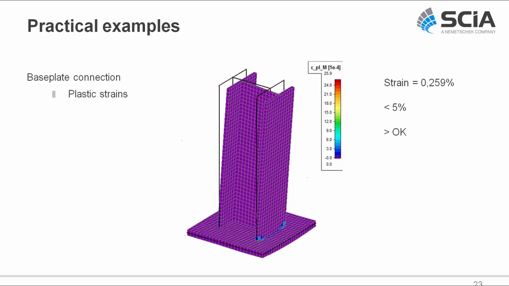And important, of course, because we mainly need to check the plastic strains now. The highest ones are equal to 0.25 or 0.26%, which is again much lower than the 5% limiting one. So okay, this one passes the stress strain check.